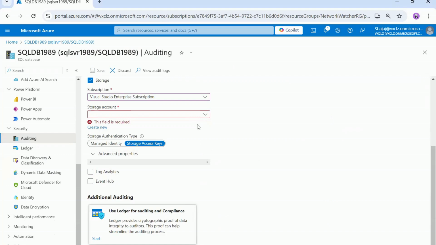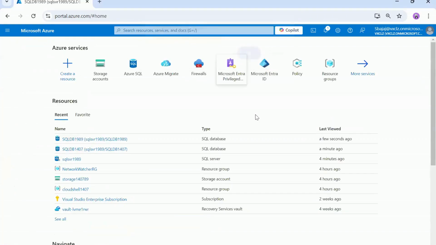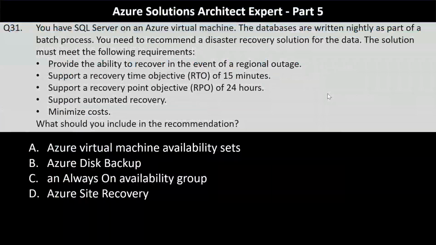Resource groups also don't matter, and even the account kind doesn't matter. What matters is the location of the SQL server and the location of the storage accounts. If they are in the same location, then you can use them for your audit logging. If they are not in the same location, you can't use them.